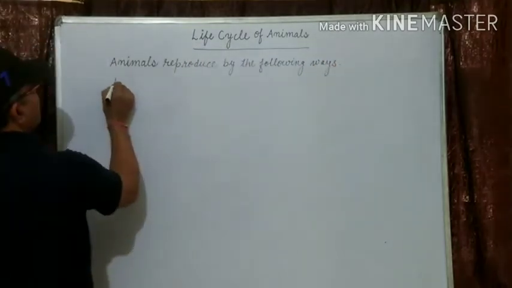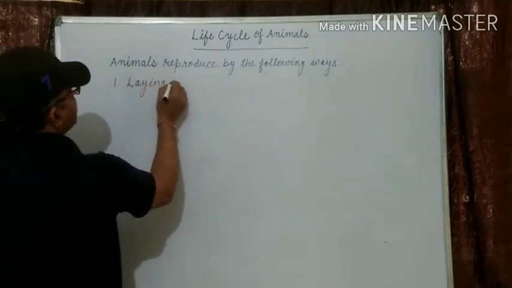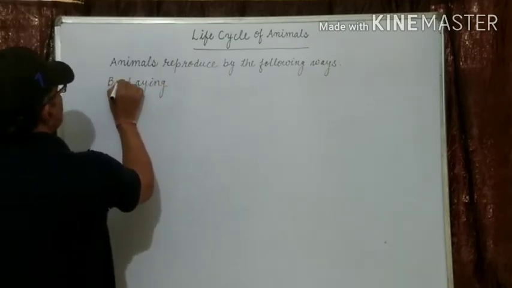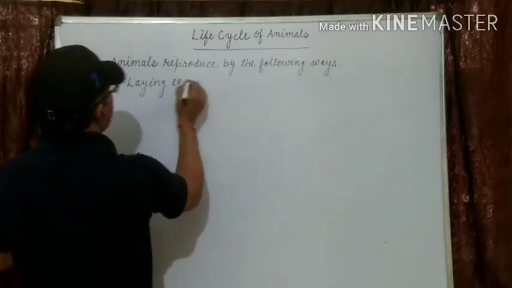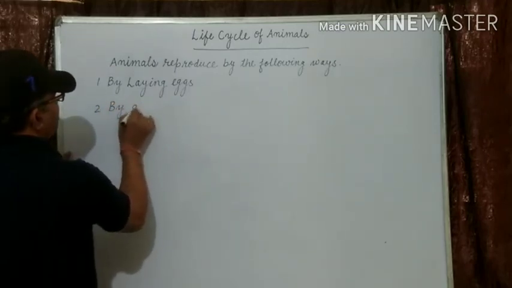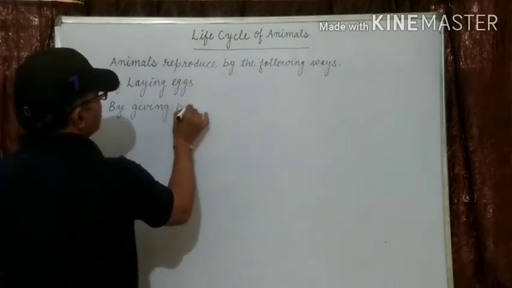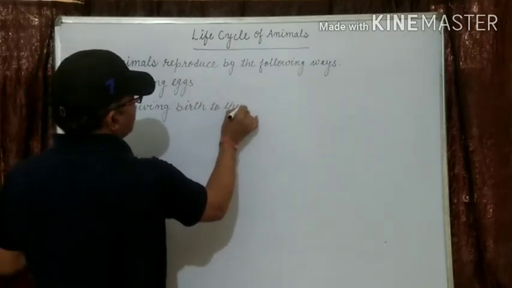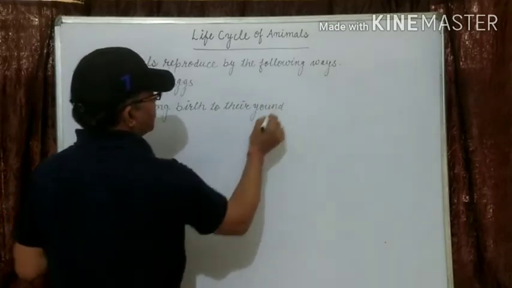Number 1, laying eggs. Second is by giving birth to their young ones.